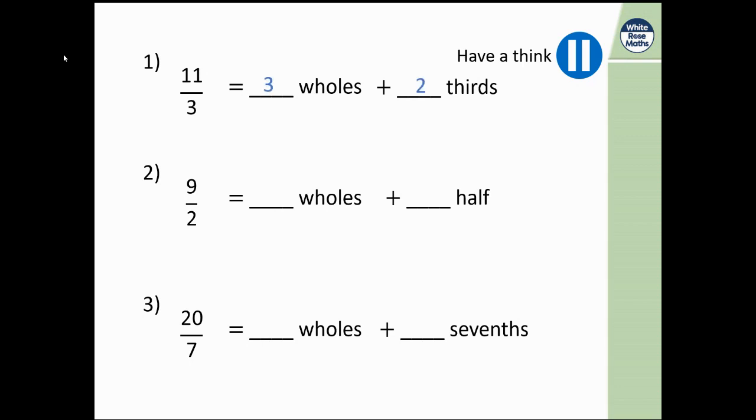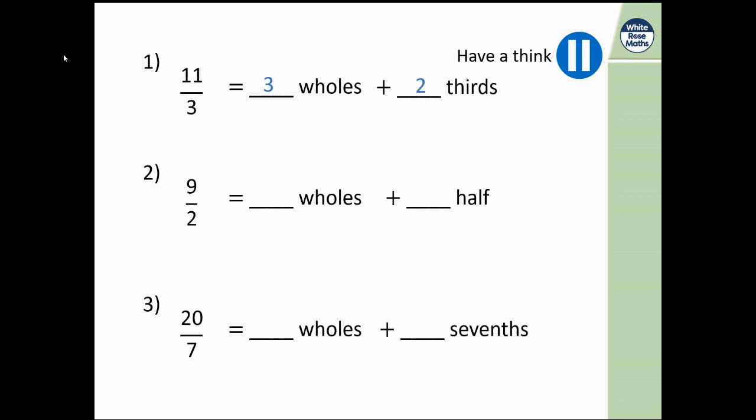Right, so I go to number 2. We've got 9 halves. We could say 9 twoths, but it doesn't sound quite right, does it? So 9 halves. So how many 2s are in 9? And again, we count 2, 4, 6, 8. I can't go any more. If I go more, I'll go to 10. So it has to be 8.